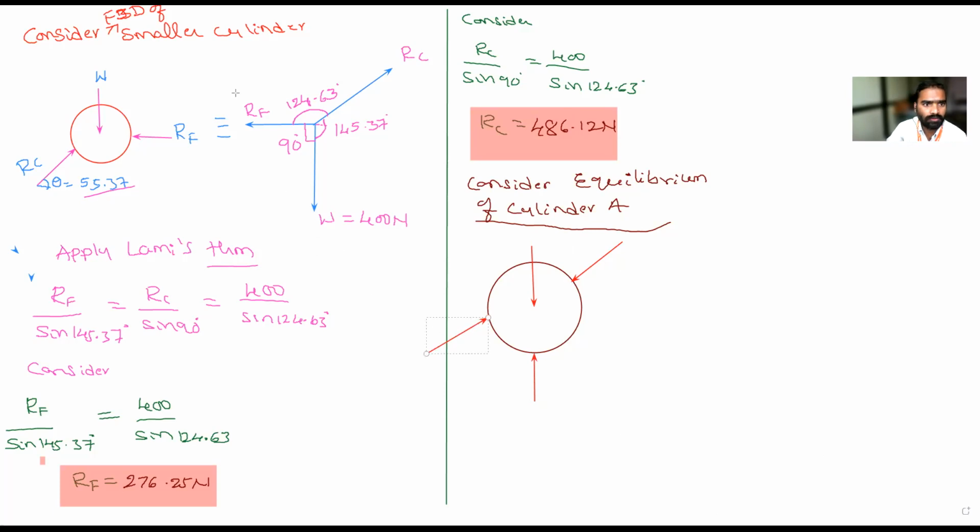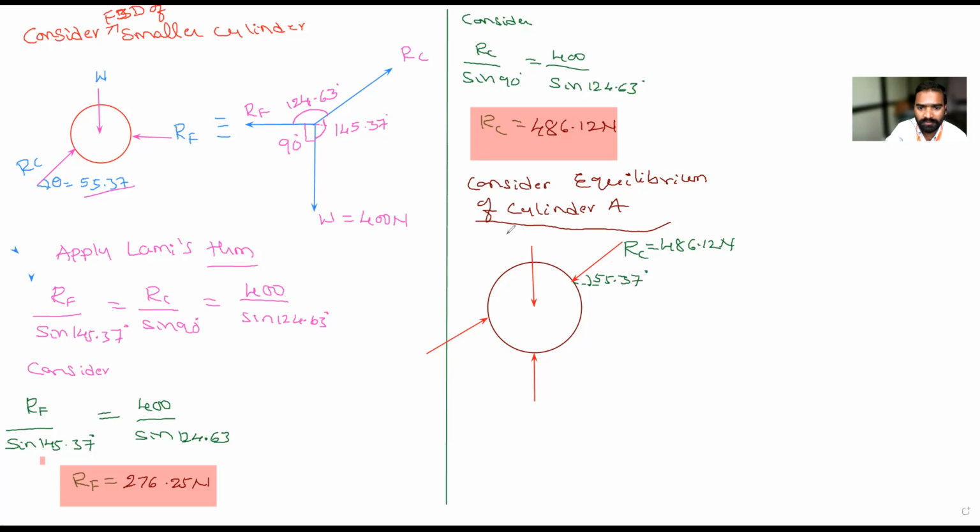I will do the naming for this one. This is RC, which is 486.12 Newton, making an angle theta with respect to horizontal, and theta is 55.37 degrees.